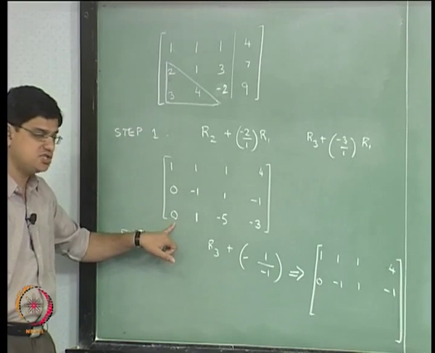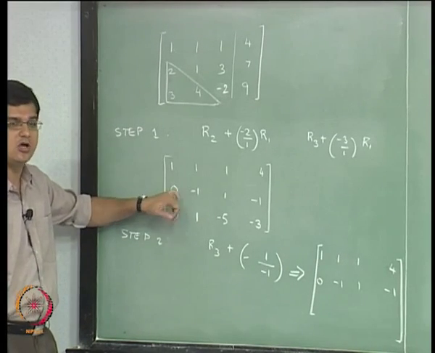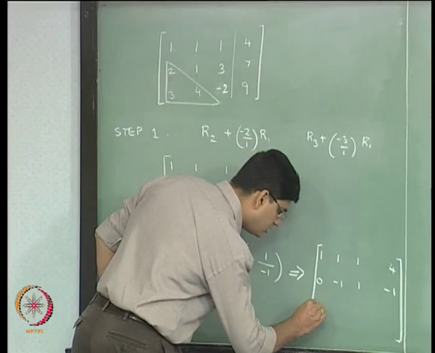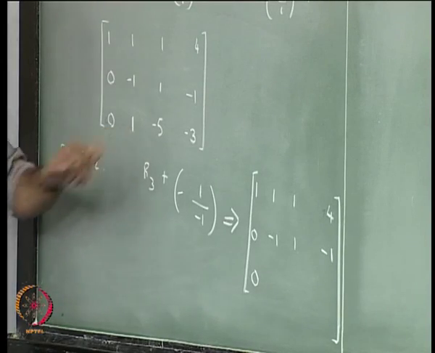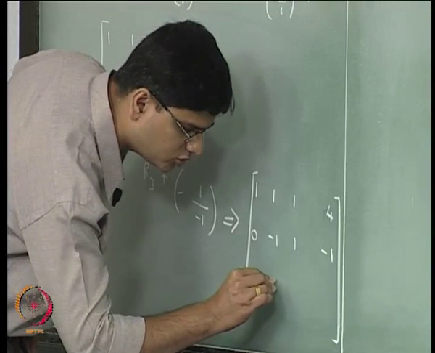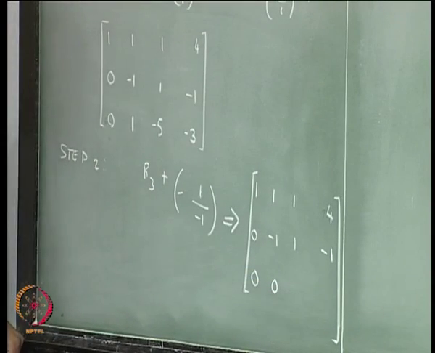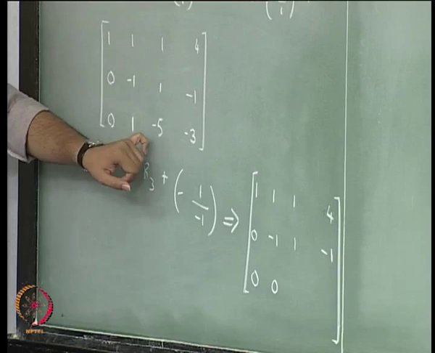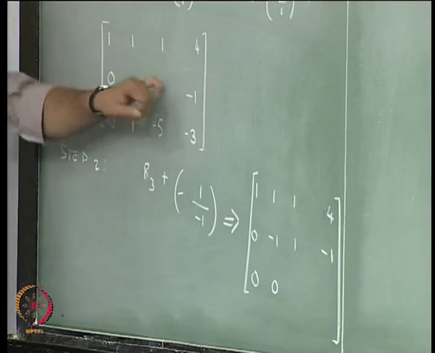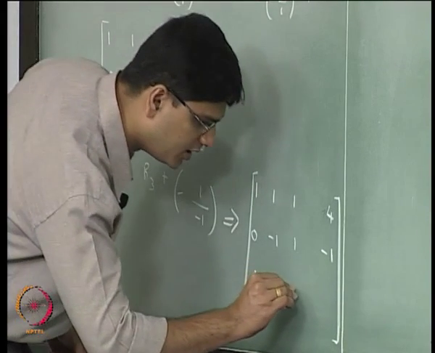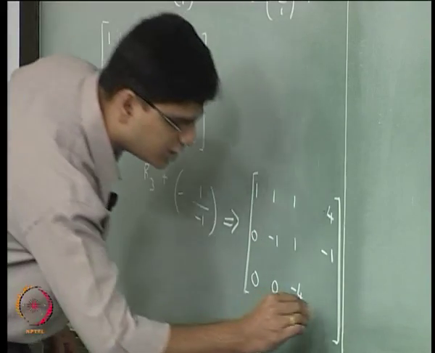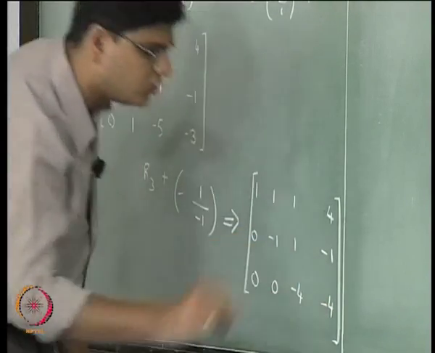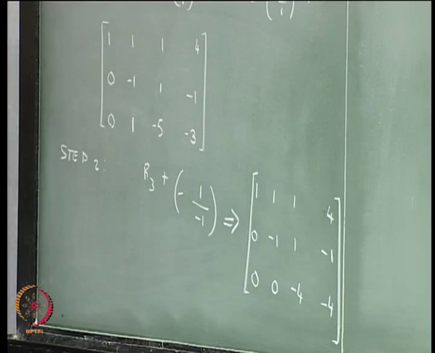The second row remains unchanged because this entry is 0, so we will not do anything to it. This value we know for sure is going to turn to 0, so we do not do this computation, just put that as 0. The only computations we do are minus 5 plus 1 which is minus 4, and minus 3 minus 1 which is also equal to minus 4. So this is the Gauss elimination process.